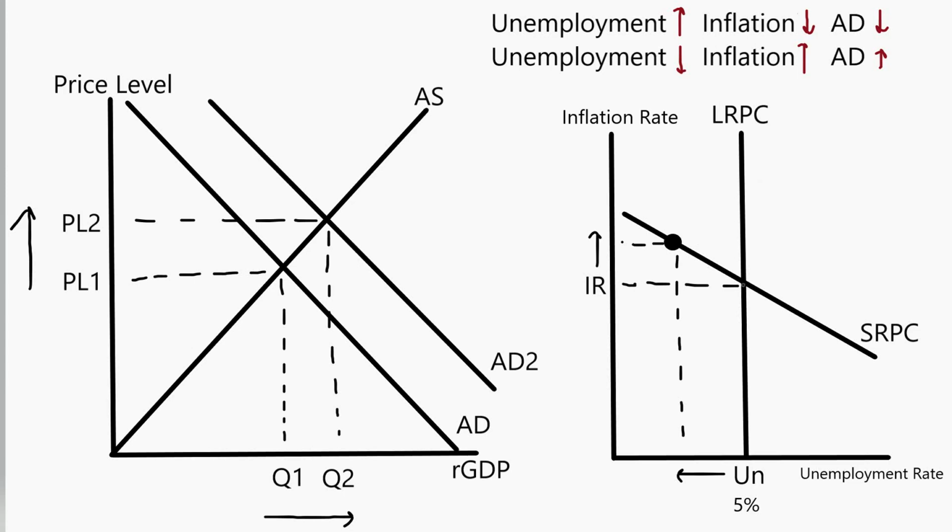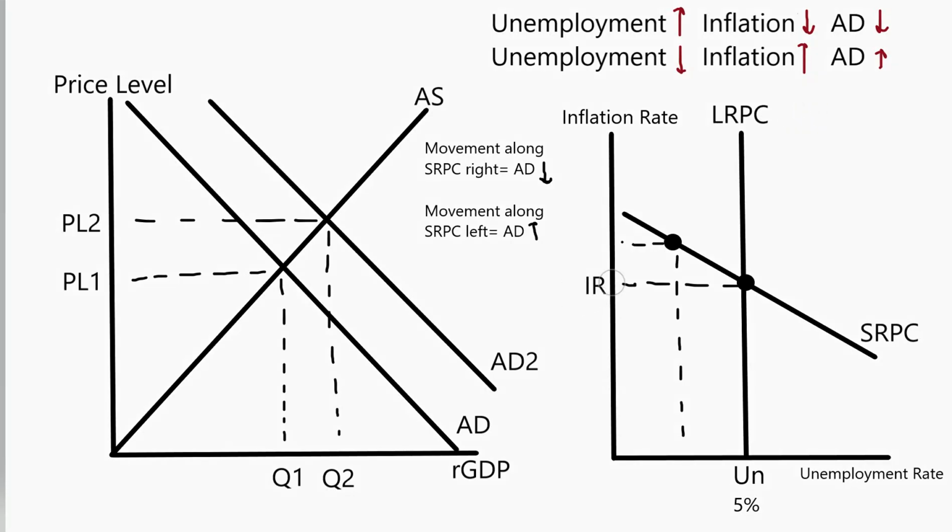So also, by that logic, if it returns back to its original point over here in the center, then inflation rates fall, price levels fall, and unemployment rises, so employment falls. So really, it's the same information shown differently. It's looking at the specific effects of changes in AD.